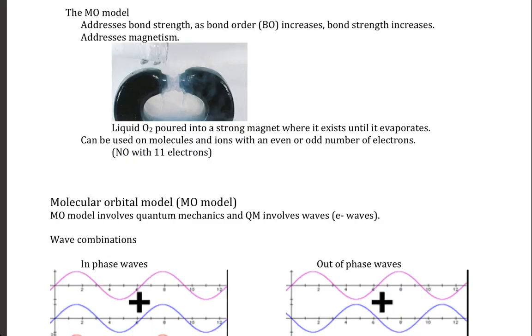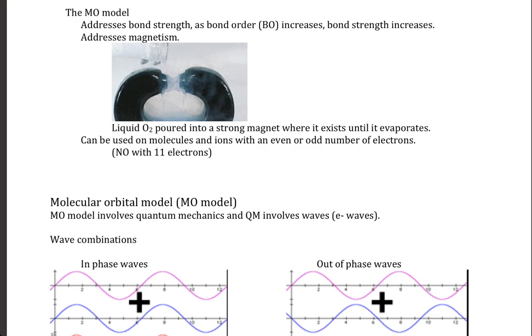So, liquid oxygen turns out to be magnetic. In that picture, we have a strong magnet, the typical kind of round magnet. Those are the North Pole, the South Pole. In the upper left of the diagram, we have a beaker containing liquid oxygen that's being poured between the poles of this magnet.